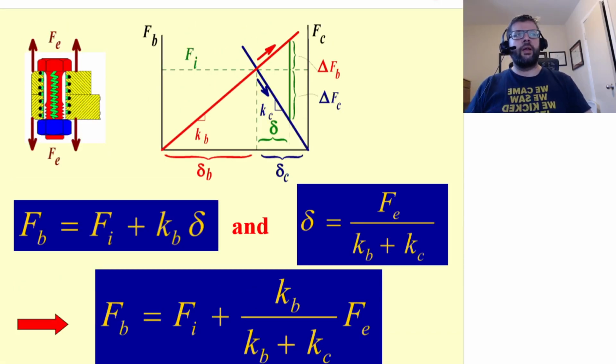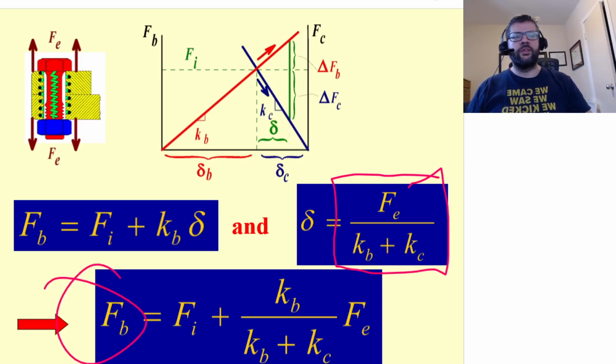But again, we know that the delta, based upon our previous equations, is equal to the force applied, Fe, divided by KB plus KC. So we plug that into the previous equation, and we end up finding that the new force of the bolt is equal to the initial force of the bolt plus Fe times Kb over Kb plus Kc.